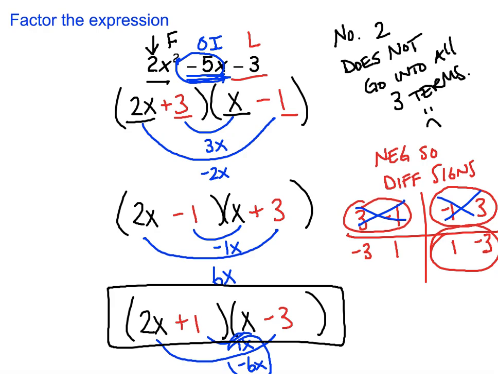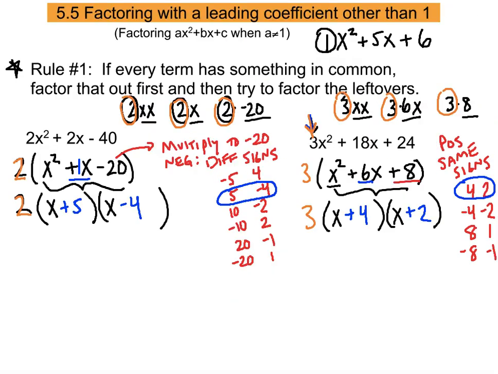Just a reminder, these beginning problems were nicer because that leading coefficient, that 2, went into all three terms. So that's what you want to check for, because if you can take out a common term of 2, see how the leftovers are now the easier kind of factoring like we did yesterday? That's ideal. Same thing here. 3 went into all three terms. We took the 3 out first and then factored the leftovers.